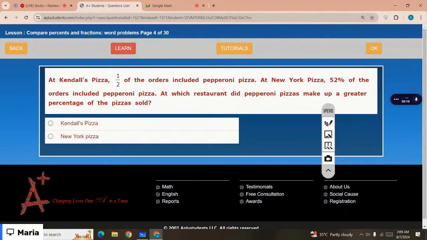So, which is the correct option? 52% is more, right?